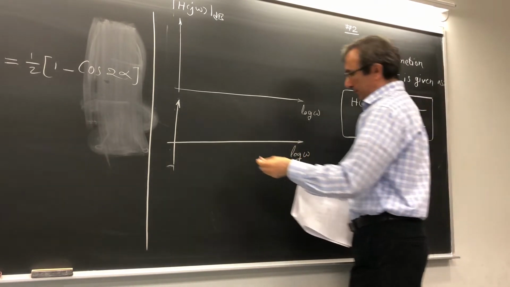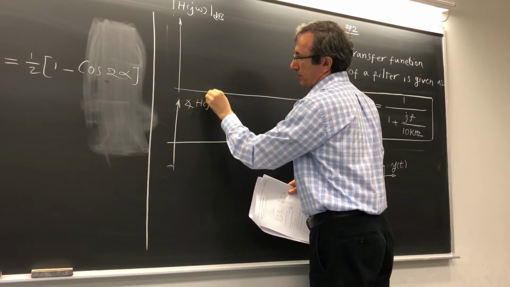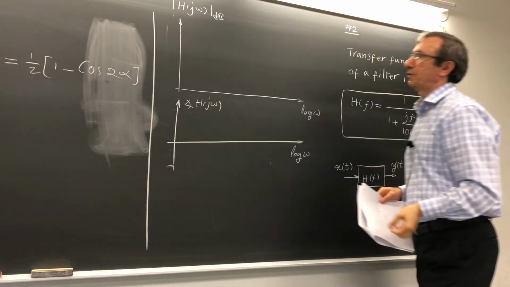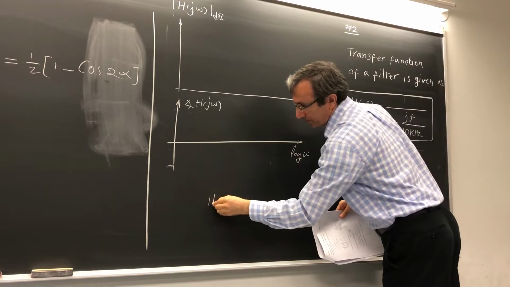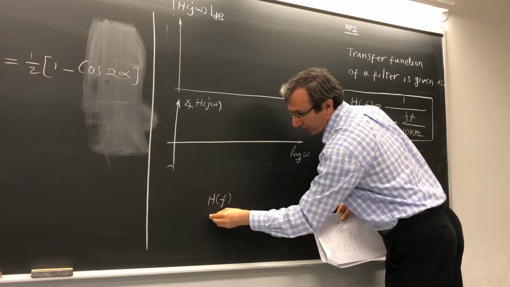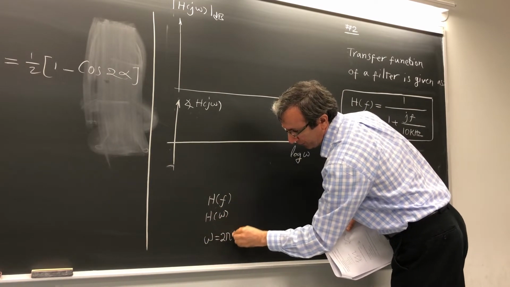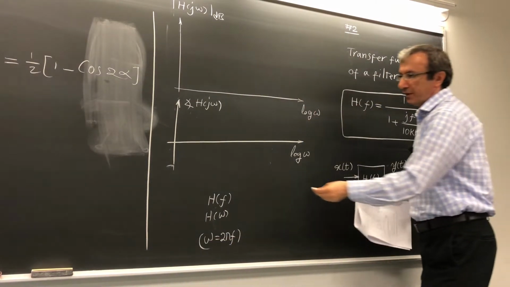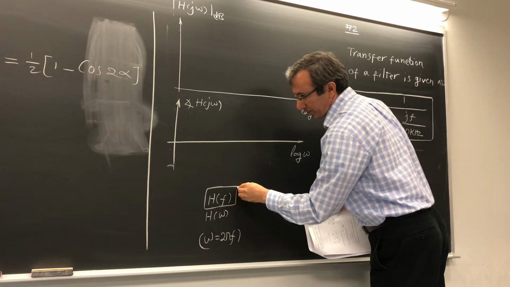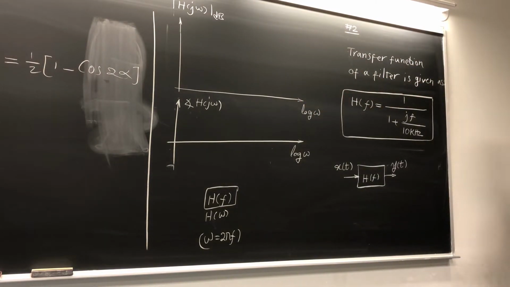In the analysis of systems, when we have a transfer function h of f or h of omega, where omega is 2 pi f, it doesn't matter. In general, that transfer function is a complex function.